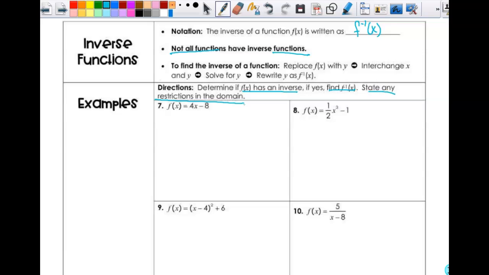So if I look at number 7, first of all, I want to think, what does that graph look like? It's linear, okay? So I'm going to have a line. Is that line going to be a one-to-one function? Yes, it is. Clearly that's not vertical or horizontal, so it's one-to-one.